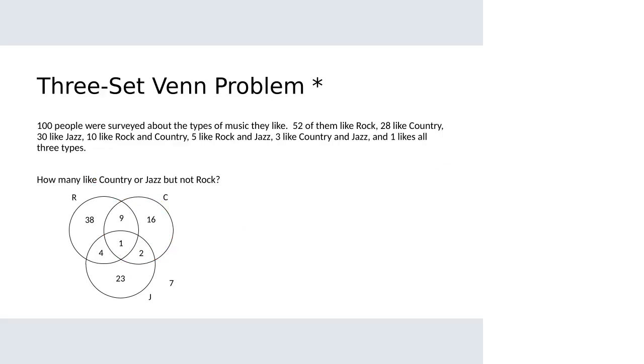All right, let's try another one. How many like country or jazz, but not rock? I'll set up a poll for this and let you try it. This one's got a lot going on here.